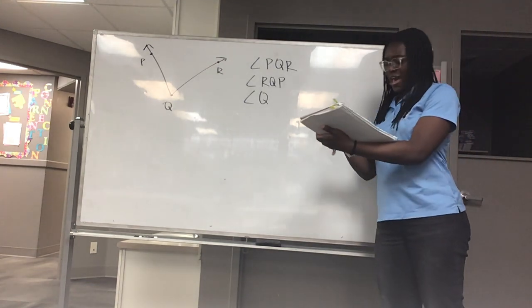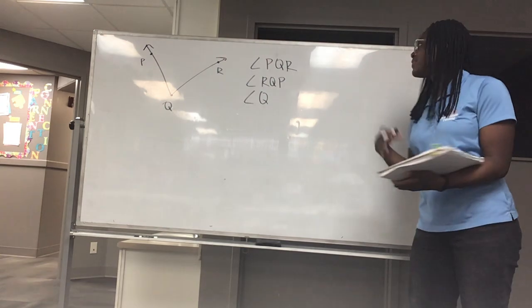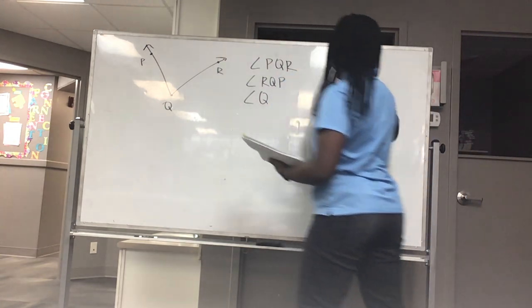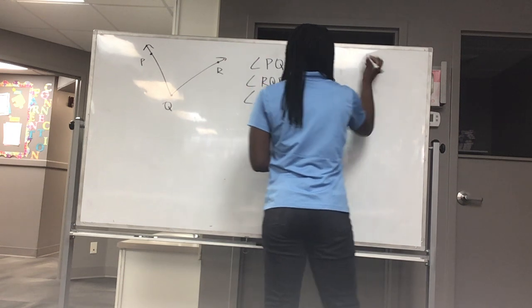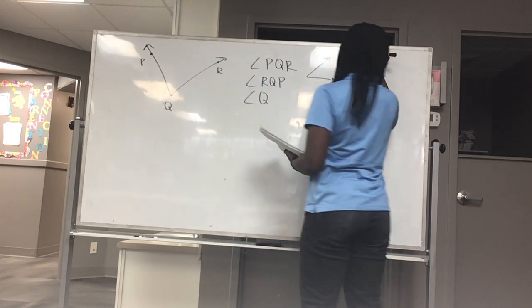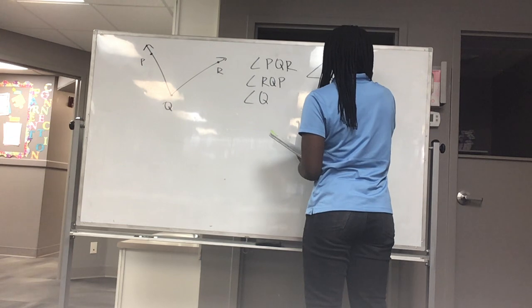And then along with that, there are 4 different types of angles. So I'm gonna write them all here. And I think they're listed in the packet too.